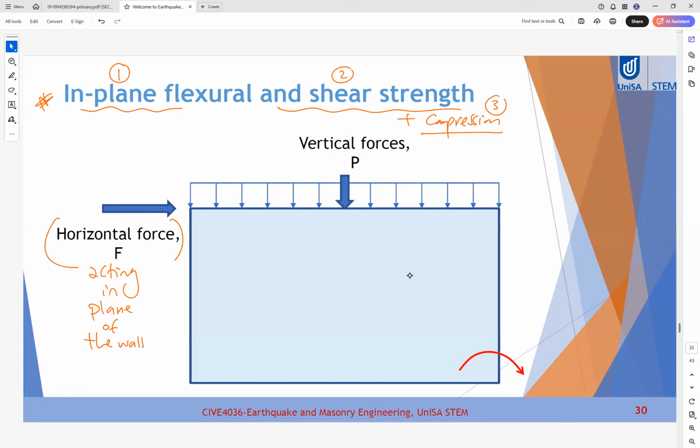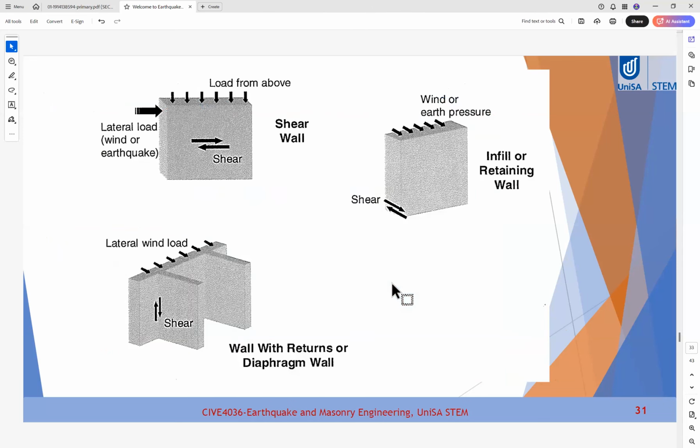If we have shear force or horizontal force in plane and vertical force, we can have overturning or bending moment at this toe. So what are the checks or what is the design required in this case? These are the types of expected straining actions on the wall, and the name of the wall.